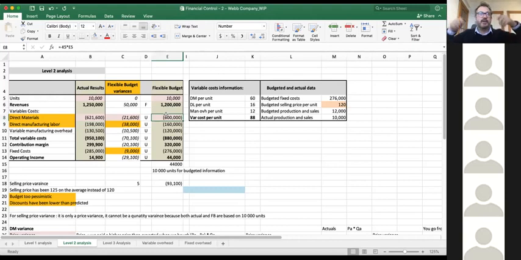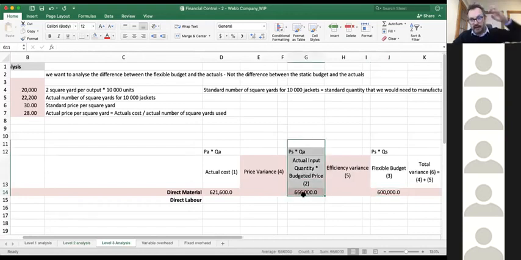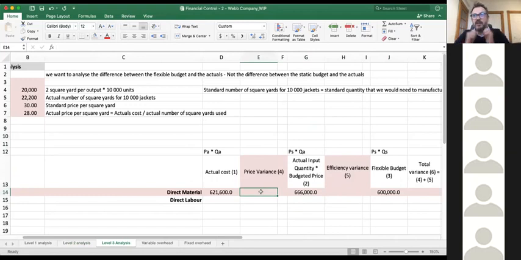So it's correct. What I just did is, like when I go from level 1 to level 2, I put an intermediary step. This is also what I do when I do level 3. I put an additional intermediary step so I can split the total variance between a price variance and an efficiency variance.